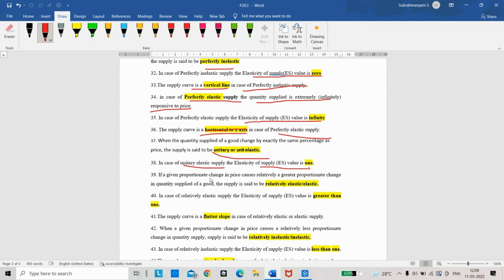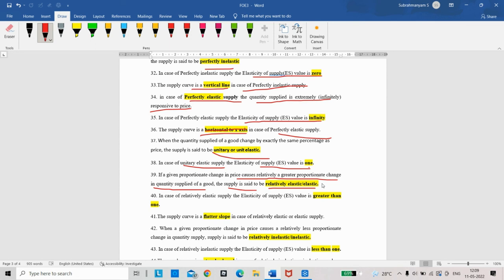If a given proportionate change in the price causes a relatively greater proportionate change in quantity supplied of a good, the supply is said to be relatively elastic or elastic. That means a smaller percentage change in the price level leads to a greater percentage change in the quantity supplied.